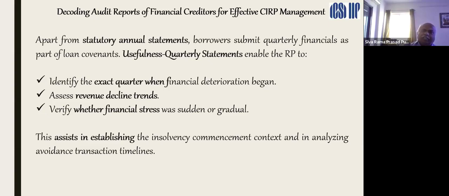Identify the exact quarter when the financial deterioration began, when the sickness started in the company, assess revenue decline trends, and verify whether the financial state was sudden or gradual. That also we can assess. Once the stock statements or financial statements like fund flow and cash flow are available, we can find out in which quarter or month the stocks fell, and immediately verify with the corporate data.